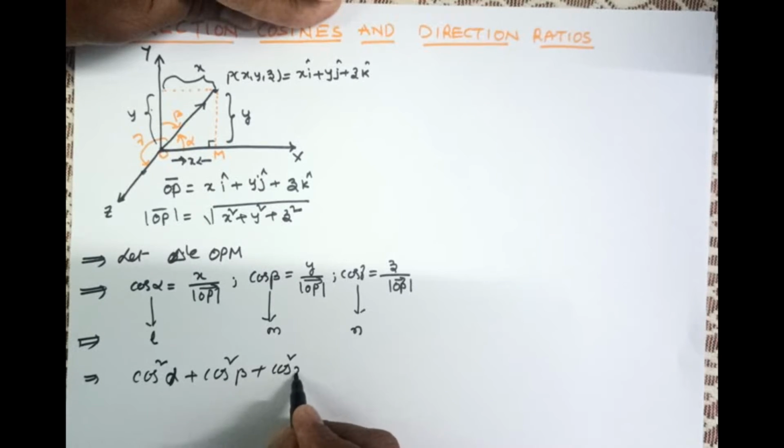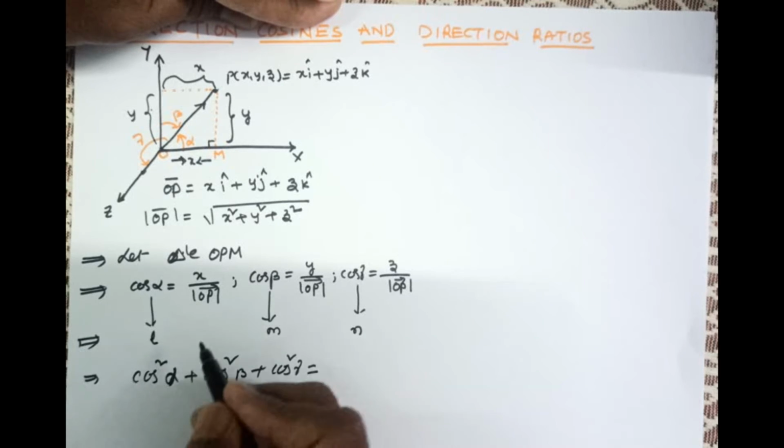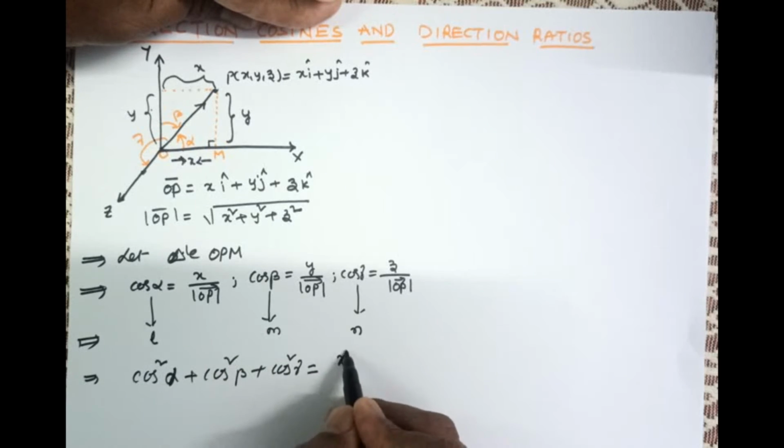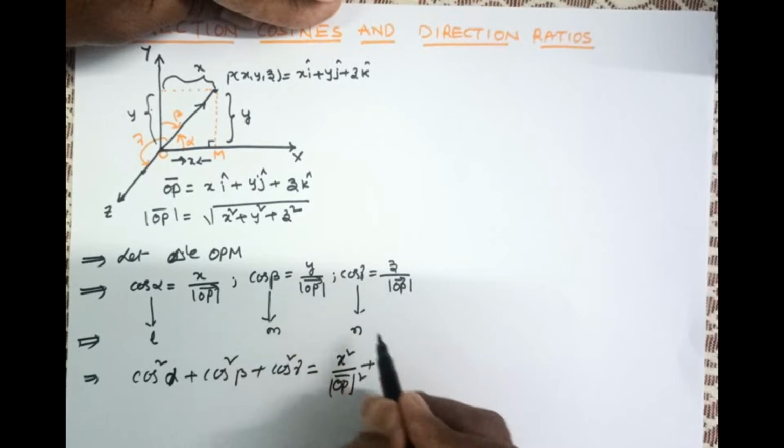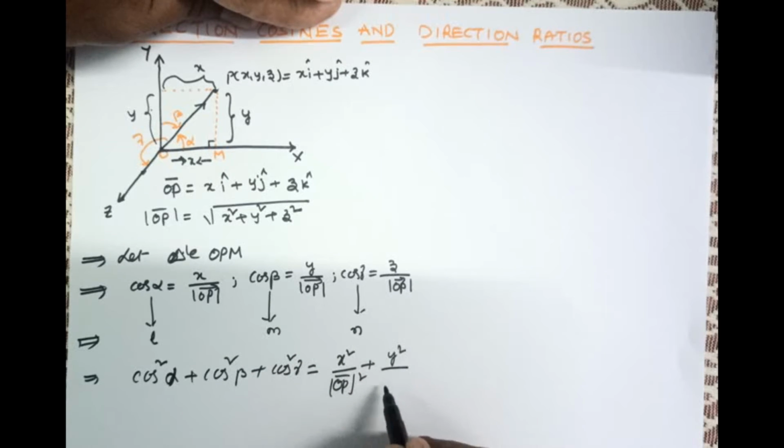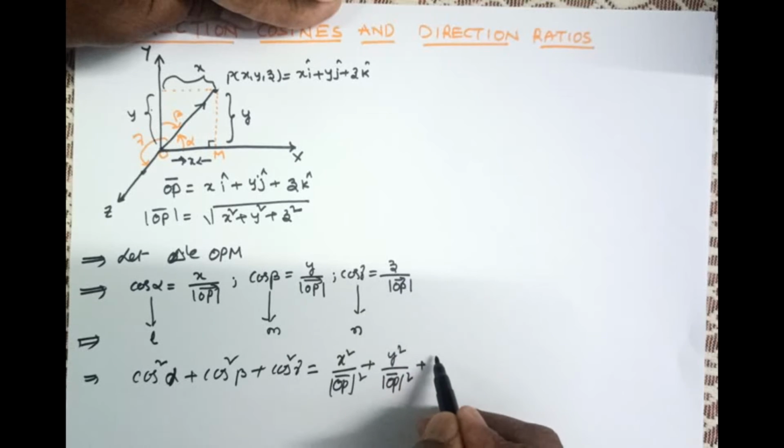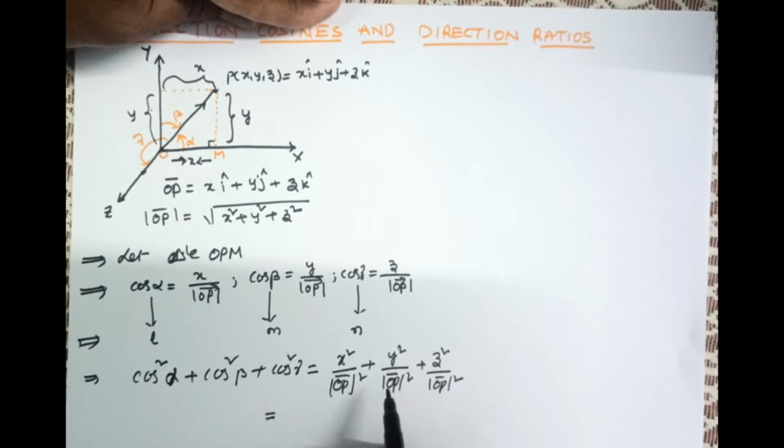So if I want to take one derivation, cos square alpha plus cos square beta plus cos square gamma is equal to, what will happen here, cos square alpha is x square by mod OP square, plus cos square beta is y square by mod OP square, plus z square by mod OP square. Finally we can take the LCM as mod OP square.